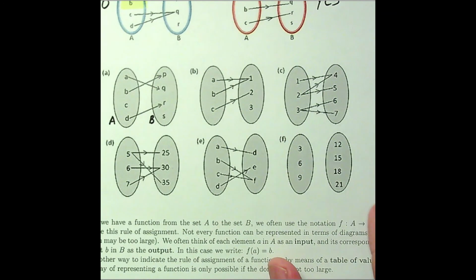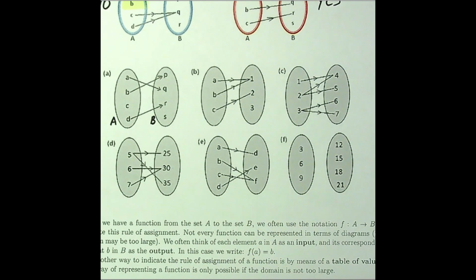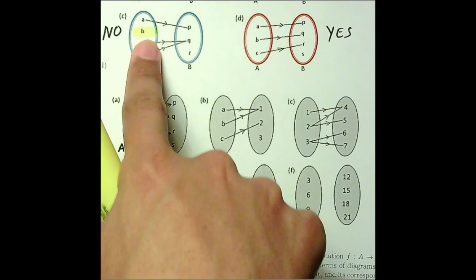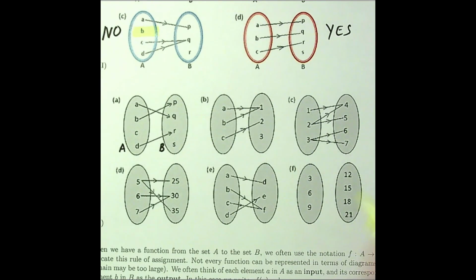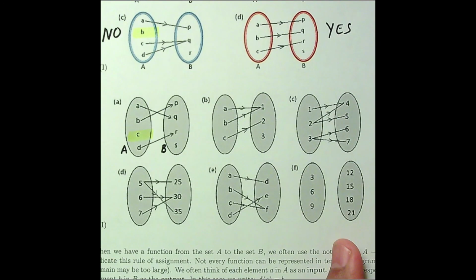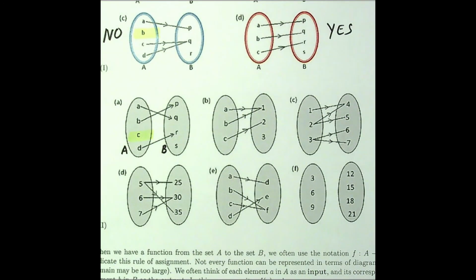Yes or no? That one is not a function. Again, for the same reason that this one is not a function. It has an element that is not being used. It has nothing assigned to it in B. So there's an element in A that has nothing assigned to it in B. So that cannot happen.